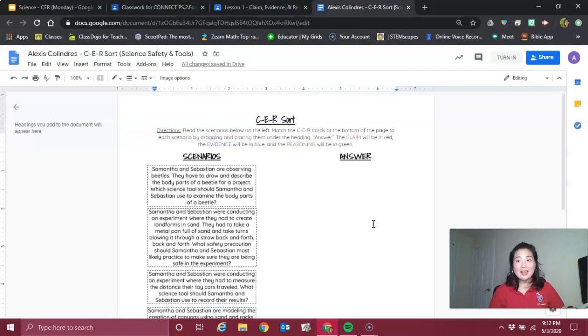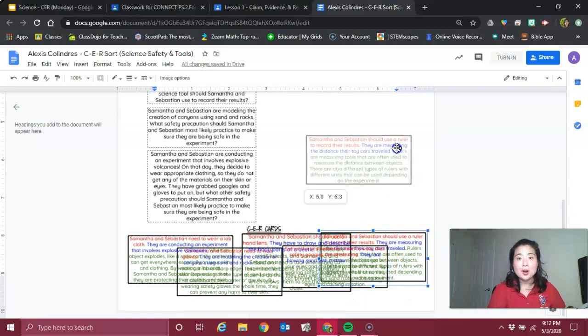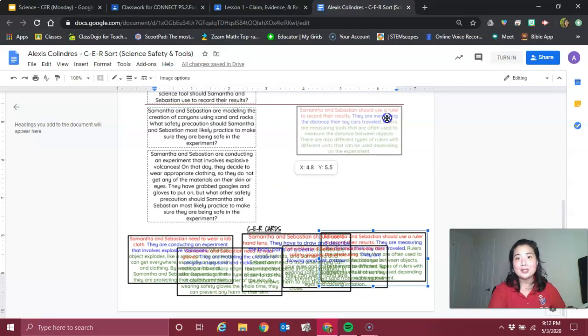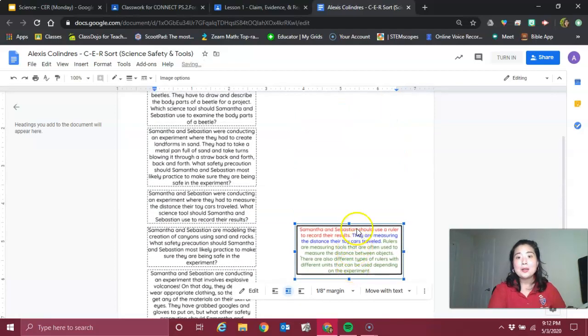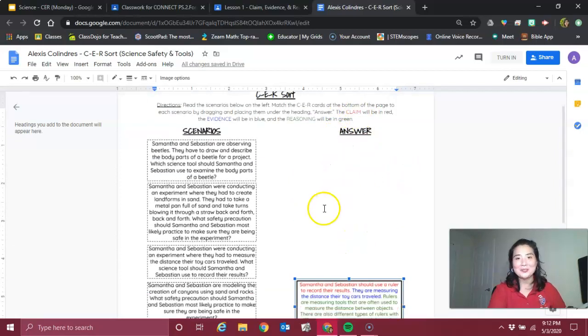So all I have to do is read the scenarios and figure out which of these cards on the bottom match the scenario. Once I figure it out, I can move these cards next to the scenario that it matches, and I would put this underneath the heading Answer.